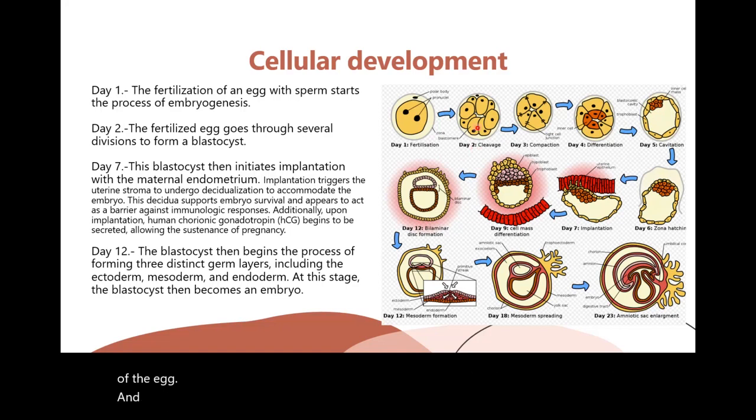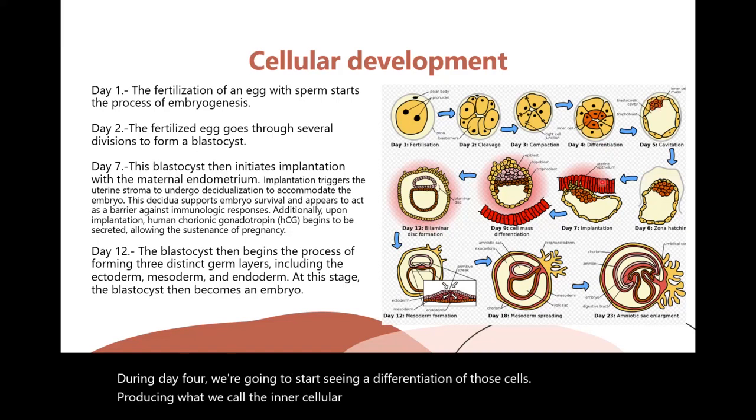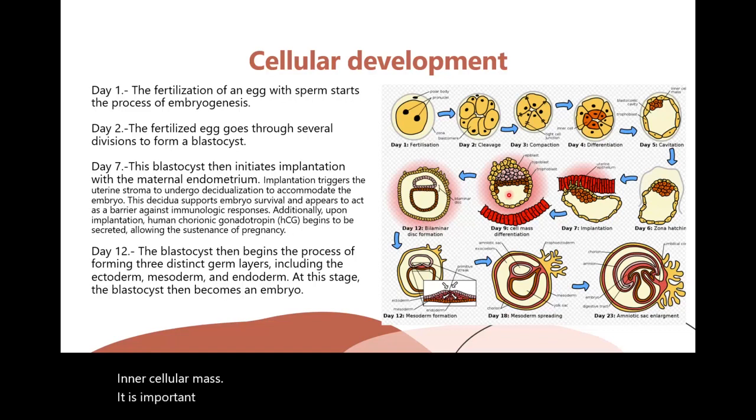And we're going to start seeing by day 2 the formation of the blastocyst, by divisions of the cells. And then during day 4, we're going to start seeing a differentiation of those cells, producing what we call the inner cell mass. The inner cell mass is important for continuing the differentiation of the cells and forming, by day 12, a bilaminar disc.